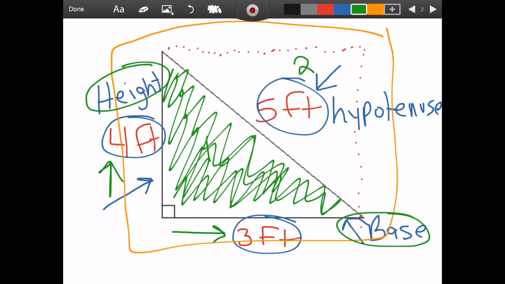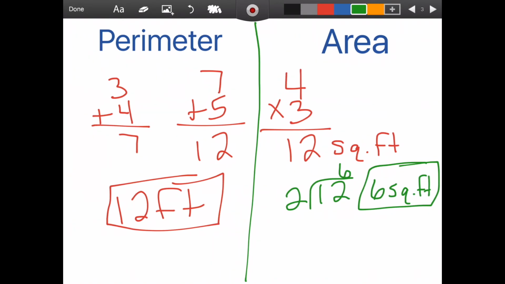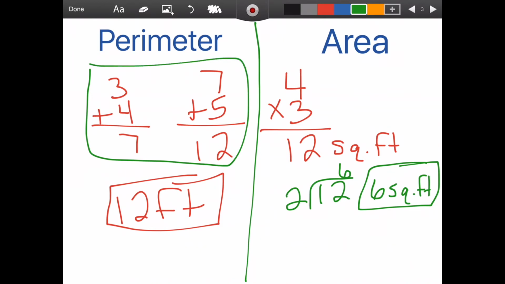Now you'll notice that we actually never needed this diagonal side here. We never needed that at all when we were finding the area of that right triangle, so keep that in mind. So just in the future, remember, when you're finding the perimeter, all we really need to do is add together those sides.